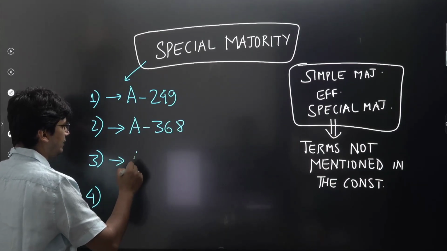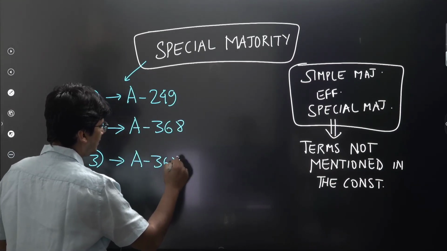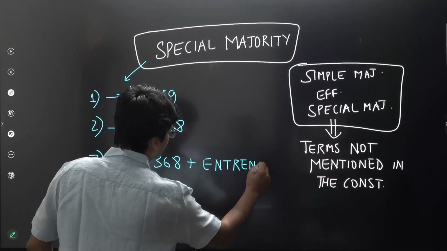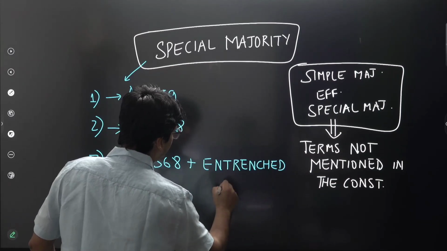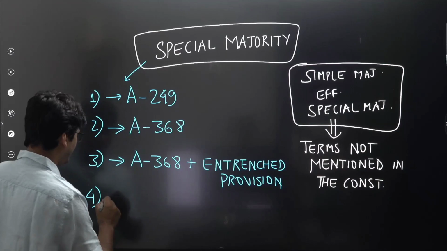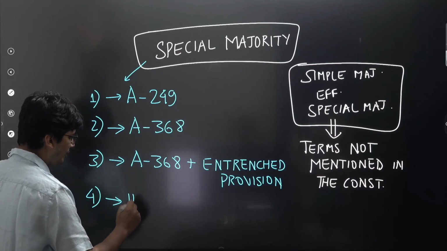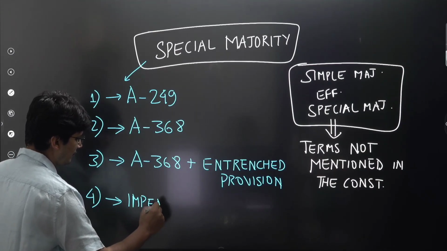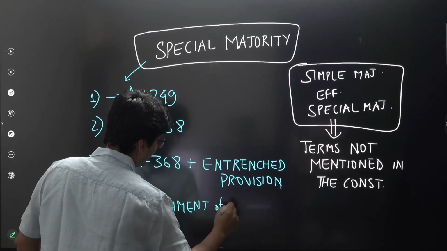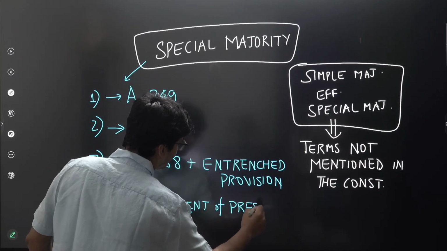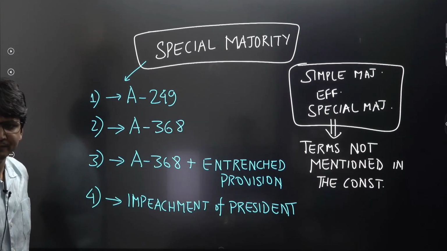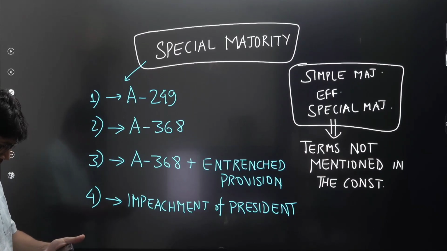Type 3 deals with Article 368 plus entrenched provision. And type 4 deals with impeachment of president. And yes, these 4 types are different. They operate in a different manner.